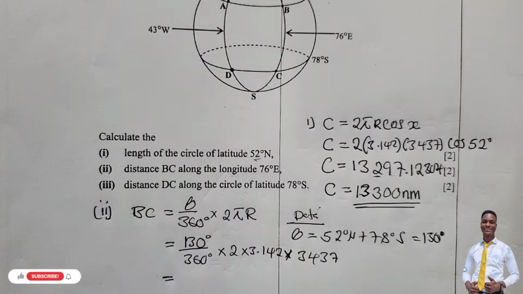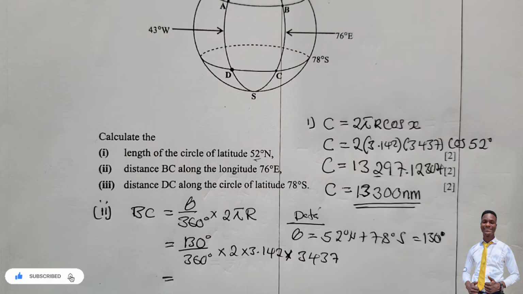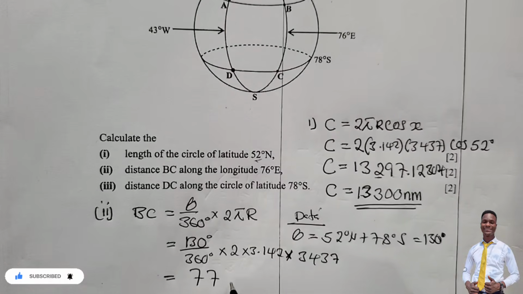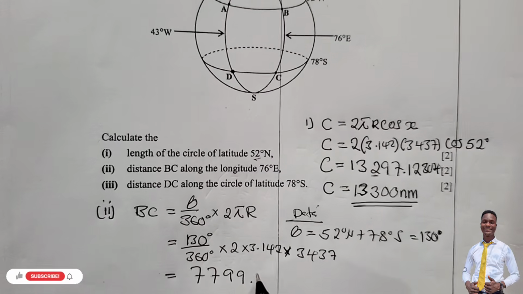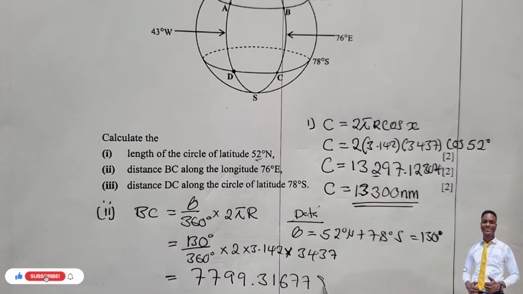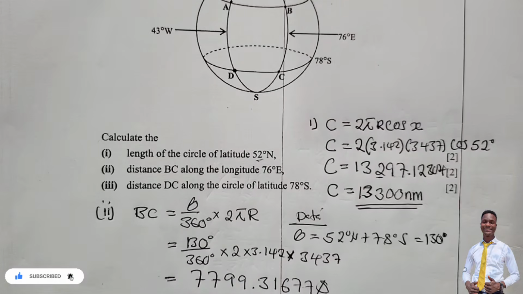Let's calculate together: 130 divided by 360 multiplied by 2 multiplied by 3.142 multiplied by 3437. This is giving me 7,799.316778. Let's correct our answer to three significant figures.